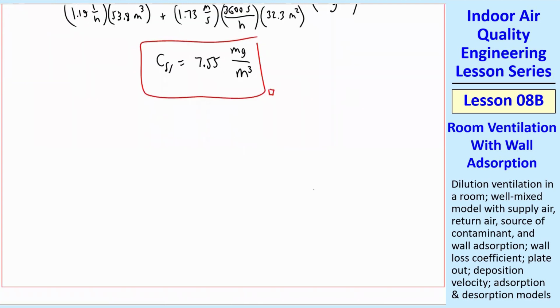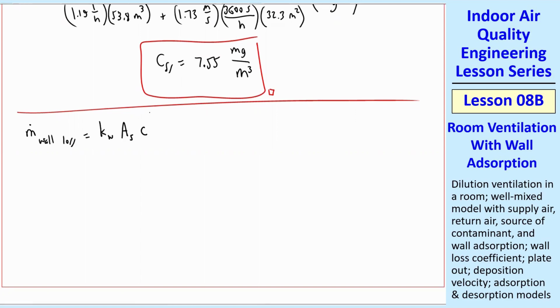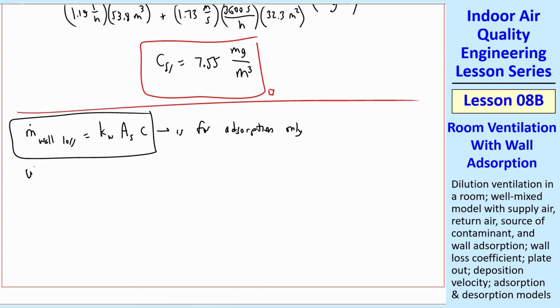I wanted to briefly mention desorption. This equation, m dot wall loss equals KW AS C, is for adsorption only. So the question is, what about desorption? In other words, when it comes out of the wall or the curtains. This is what I was talking about when I went to the hotel room. Nobody is actively smoking, but you can smell it.